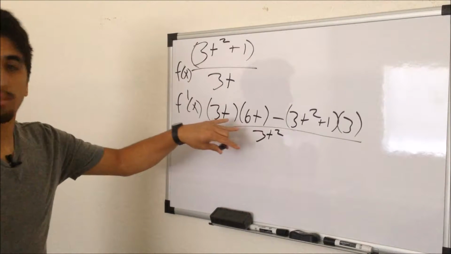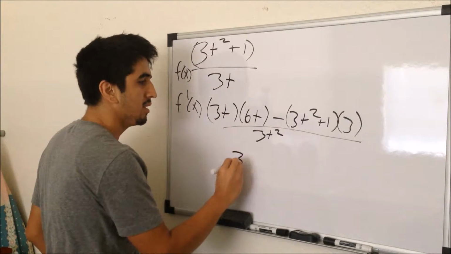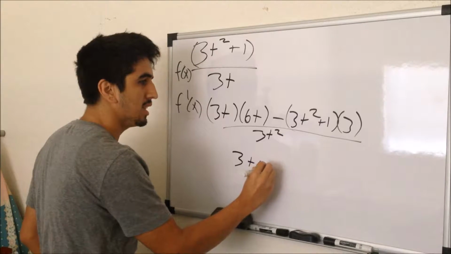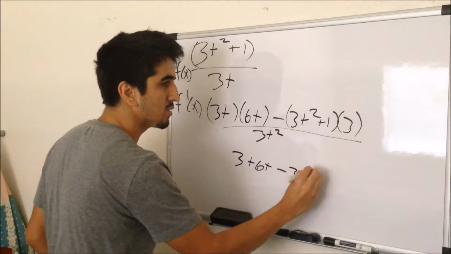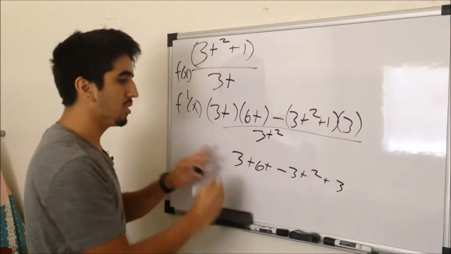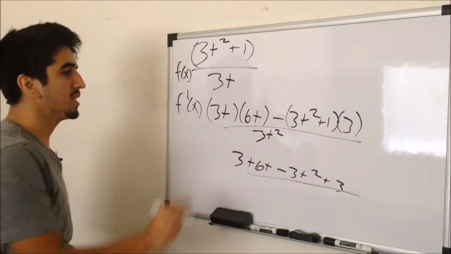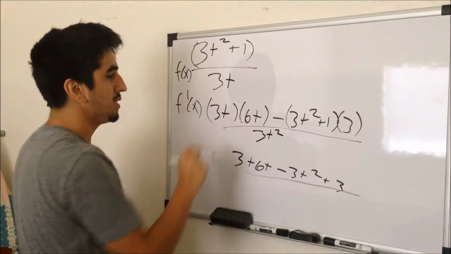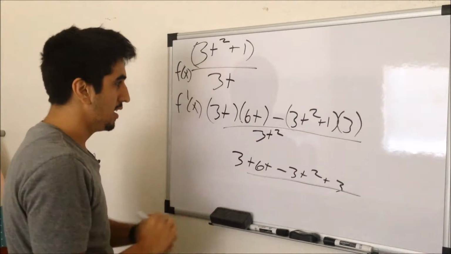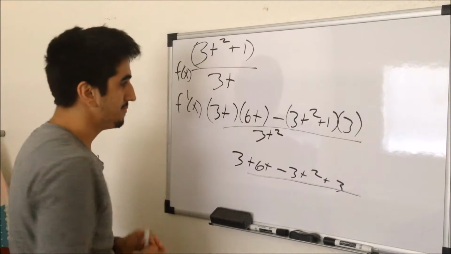Now, something might happen like right here where we go 3 plus 6t minus 3t squared plus 3. And we'll get out an equation which will be wrong because we got confused with the 3 plus the 3t and the 6t.